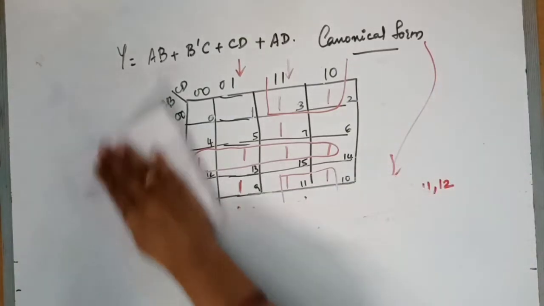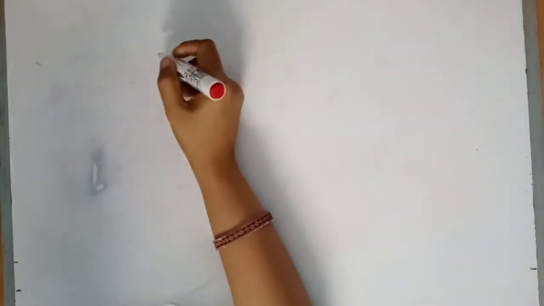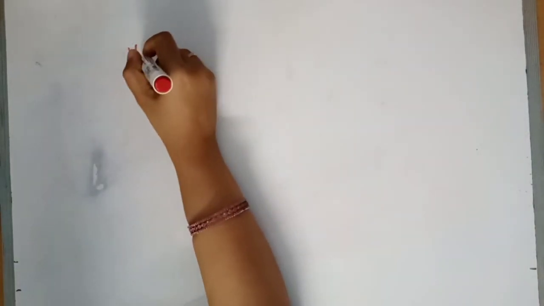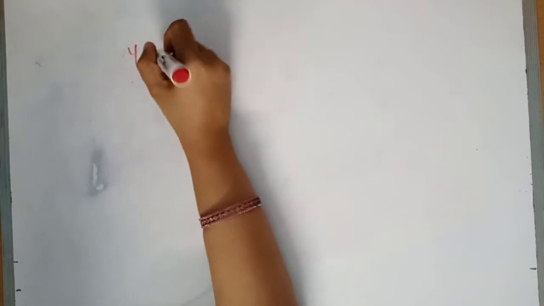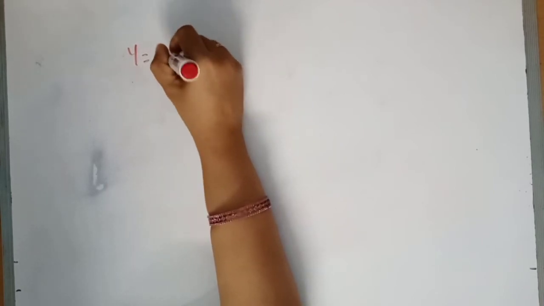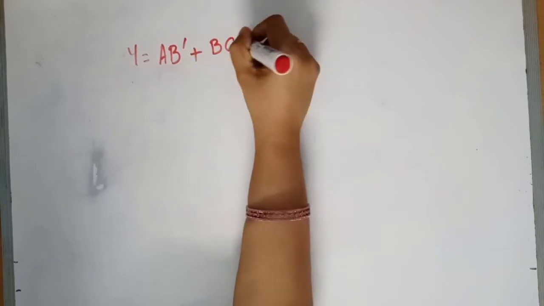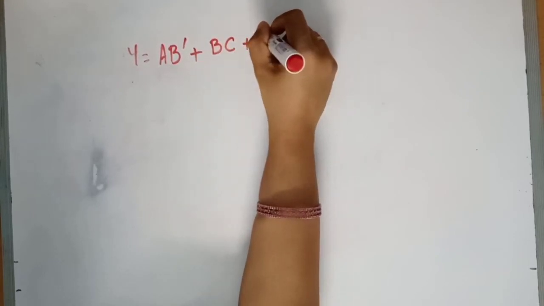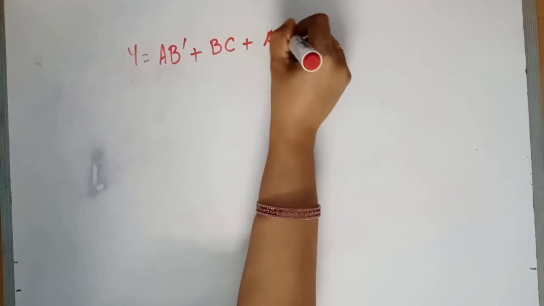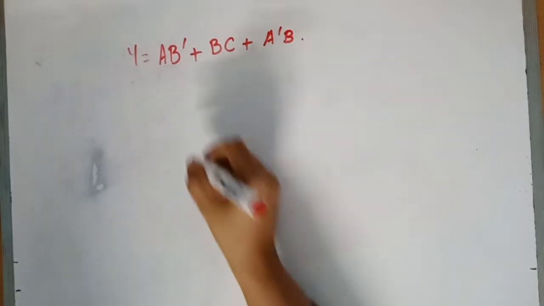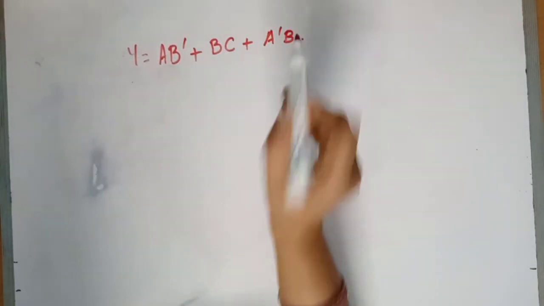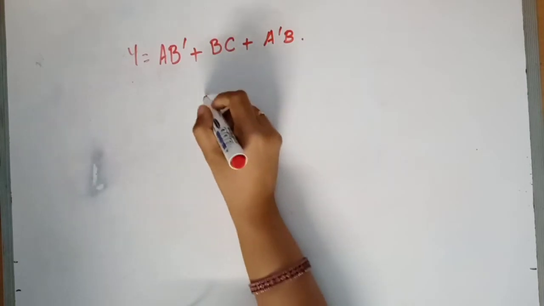Suppose you have another simpler example. y equal to AB bar plus BC plus A bar B. Here there are only A, B and C, so that's a 3 variable K-map.